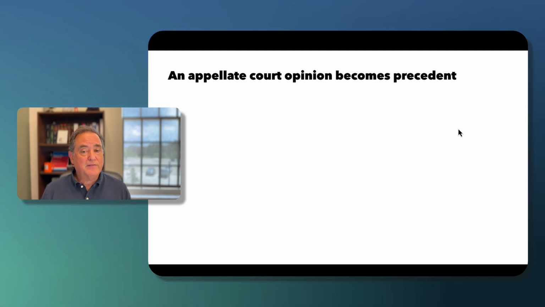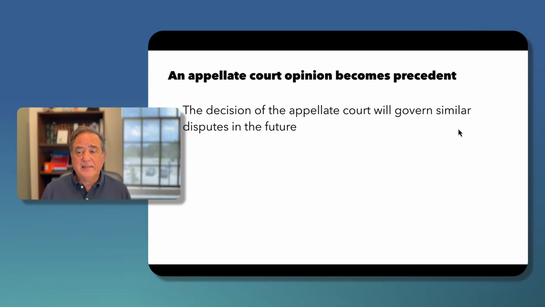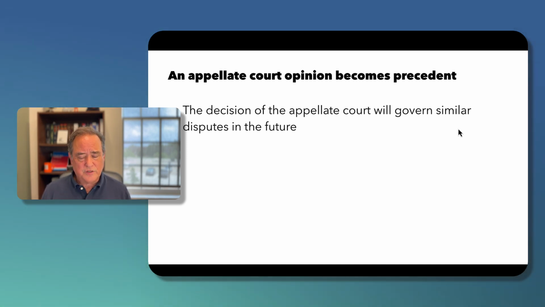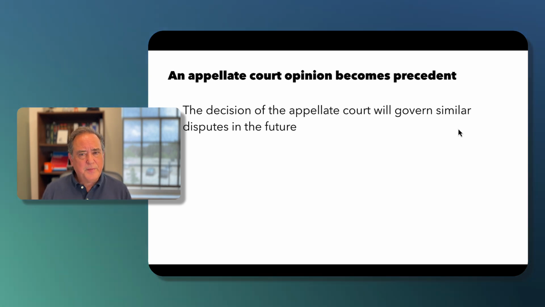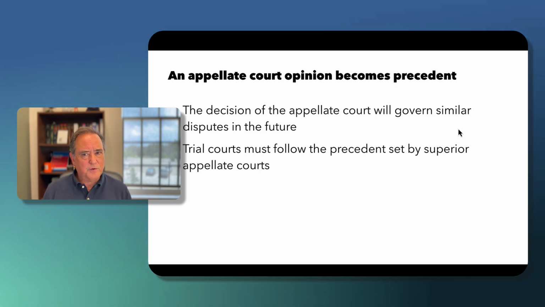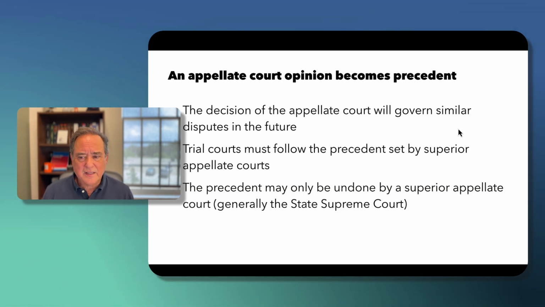And so if you have a situation where the appellate court is actually the Supreme Court, then the decision of the Supreme Court will affect all future disputes in that area. So the decision of the appellate court becomes the law, and trial courts have to follow those decisions when they are set by superior appellate courts. This adds the predictability and the stability that I mentioned in our first lecture.